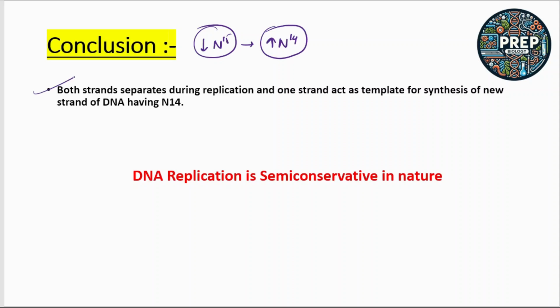They concluded that both strands separate during replication and one strand acts as a template for the synthesis of the new strand of DNA having N14. So in the next generation, when we replicate these strands, the amount of N14 is higher than the amount of N15. So this proves that DNA replication is semi-conservative in nature.